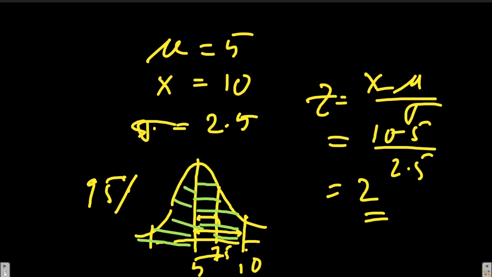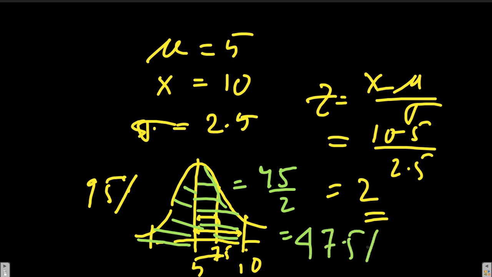So if I divide, this part is going to be 95 by 2, which is 47.5%, and this part is going to be 50%, the other half of the normal distribution.